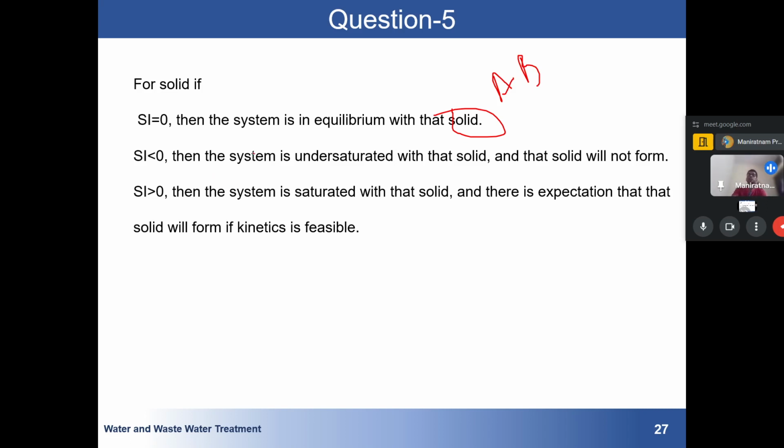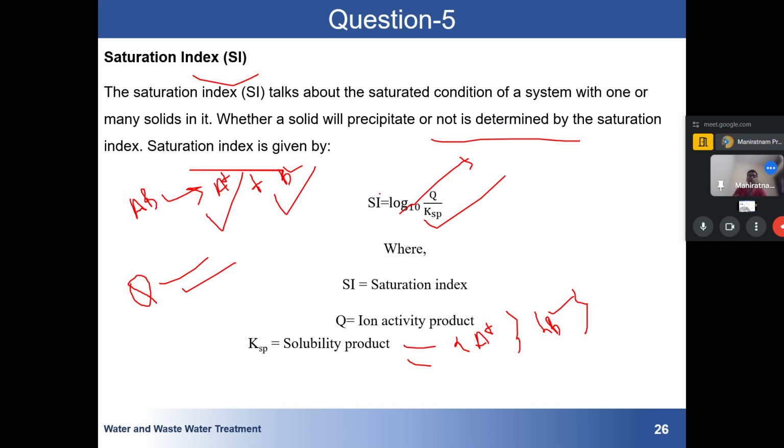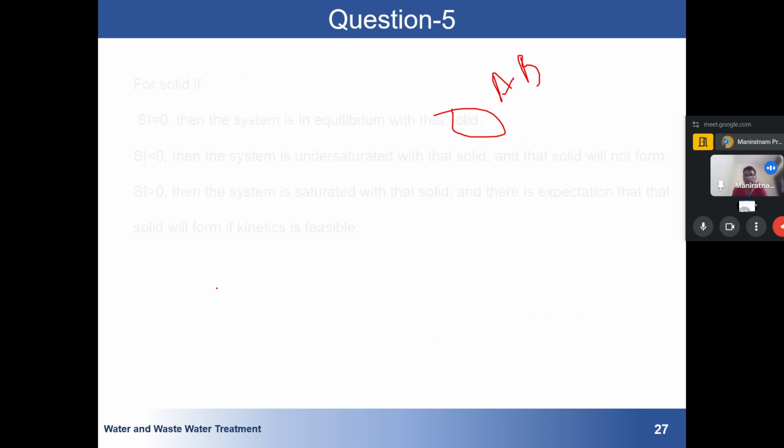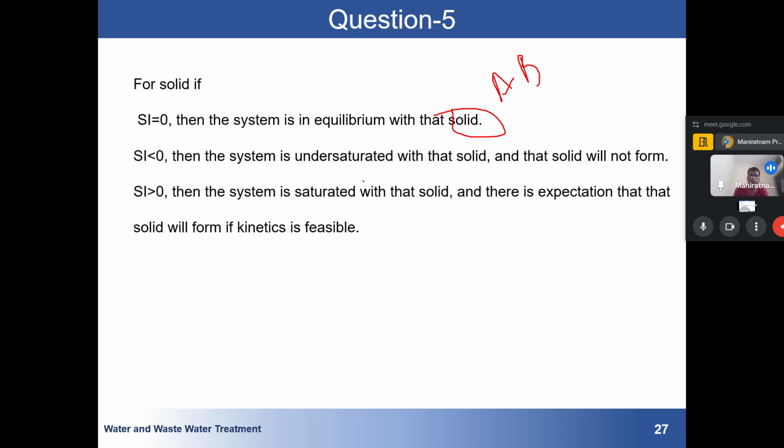Now, when SI is less than 0, the system is undersaturated, meaning KSP is greater than Q. Not a sufficient amount of A and B has been added, so Q is also less. Sufficient A and B has not been added yet to precipitate AB salt. So the system is undersaturated with the solid, and the solid will not form.